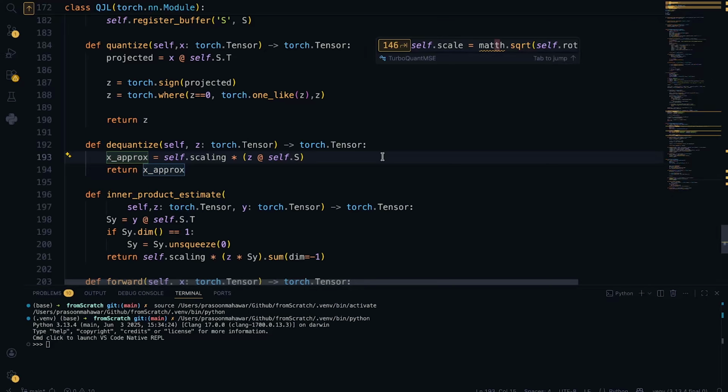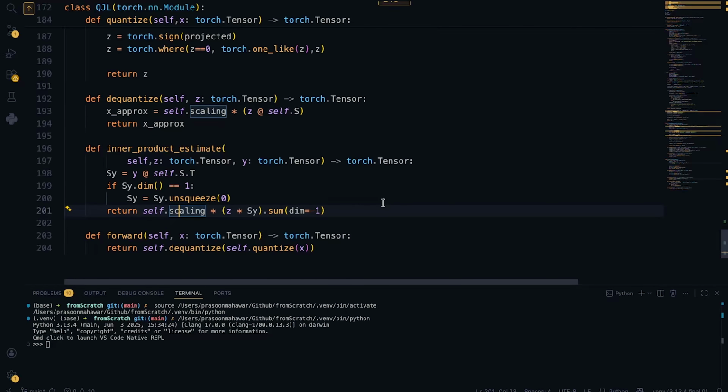This computes the transpose of s times z, because the matrix multiplication of z and s will be equal to the matrix multiplication of s transpose and z transpose, and again taking the transpose of that. The scaling factor square root of pi by 2 divided by d corrects the expected magnitude.